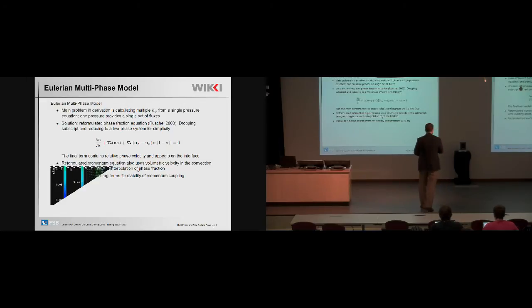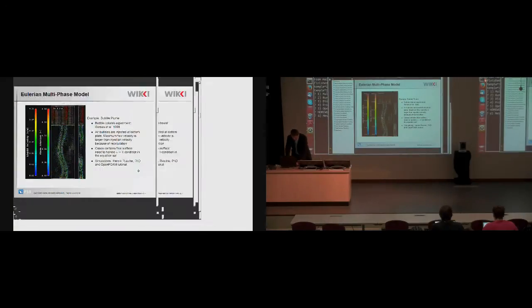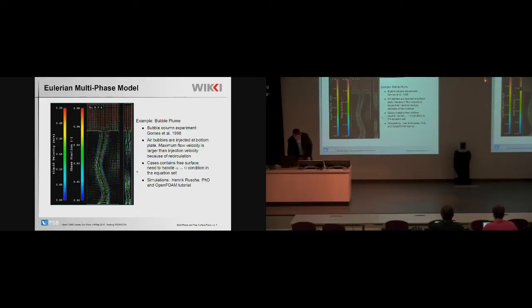An example. The simulation that I'm showing you here is something called the bubble column, where we have the liquid up to the free surface here, and we have an incoming stream of bubbles which will race through the system.